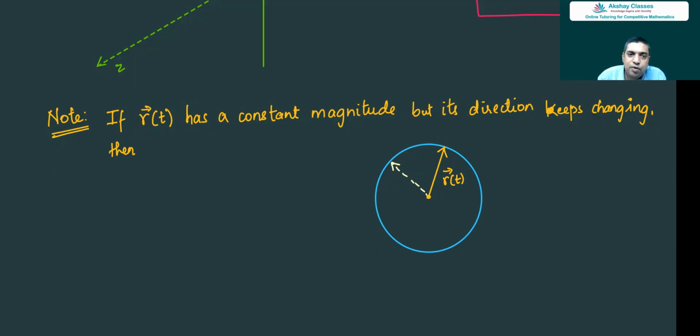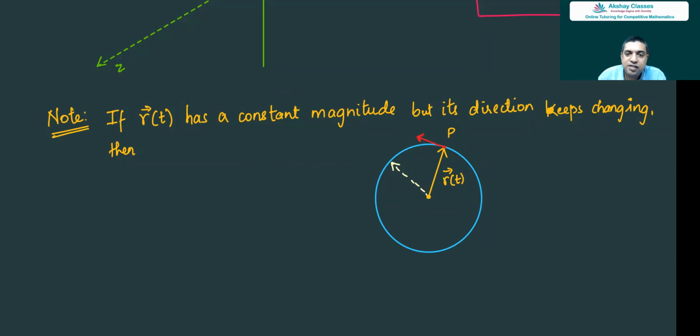Now at any given point, say P, the derivative is the tangent.